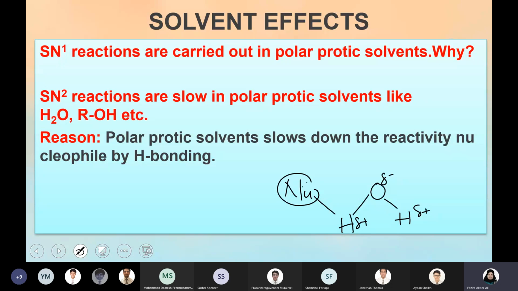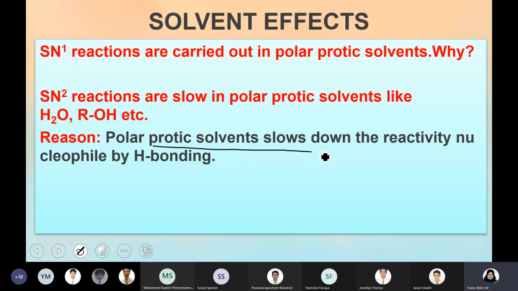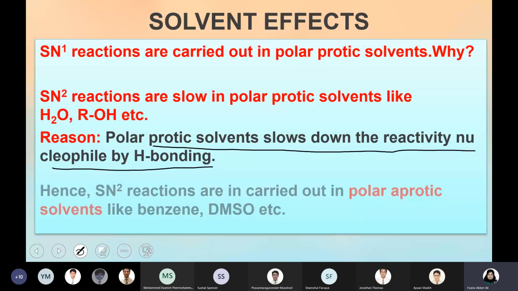So the ability of the nucleophile to attack a carbocation or to attack a carbon will decrease because it will be attracted by the solvent molecule to make a hydrogen bond. So the reactivity decreases. Just write that: polar protic solvents slow down the reactivity of a nucleophile by hydrogen bonding.